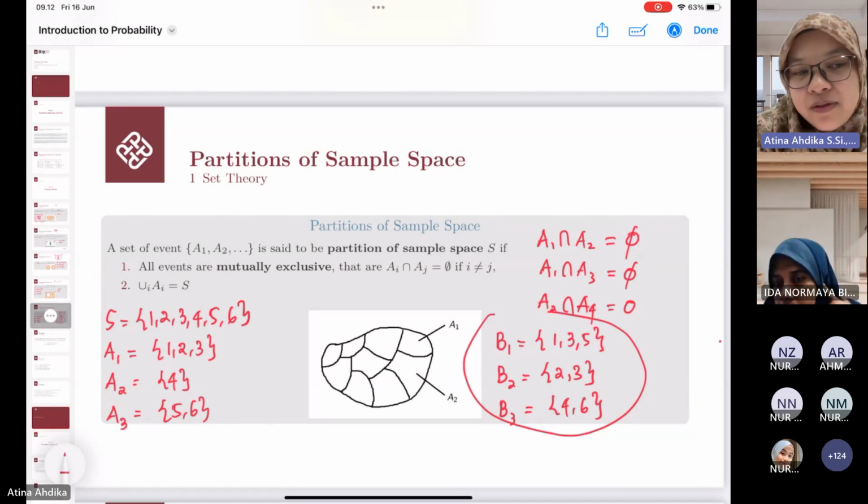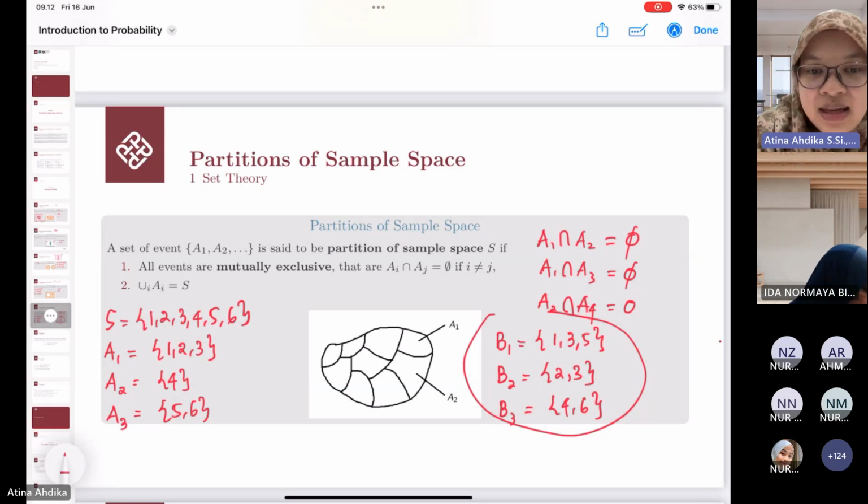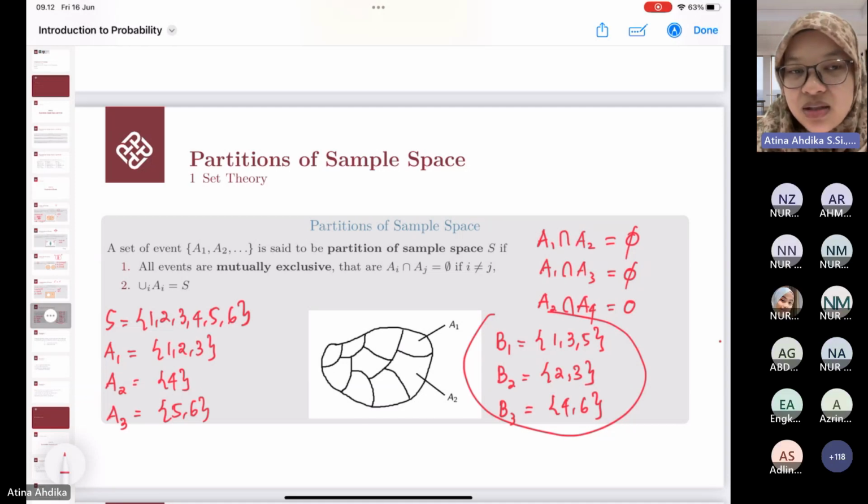So if I have an experiment of tossing a die once, which we have the sample space of 1, 2, 3, 4, 5, and 6, and then I have these three events, B1, which consists of 1, 3, and 5, and then we have B2, consists of 2 and 3, and we have B3, consists of 4 and 6.